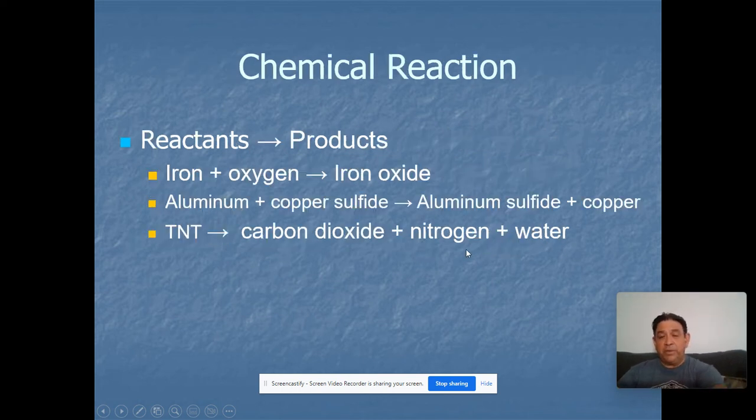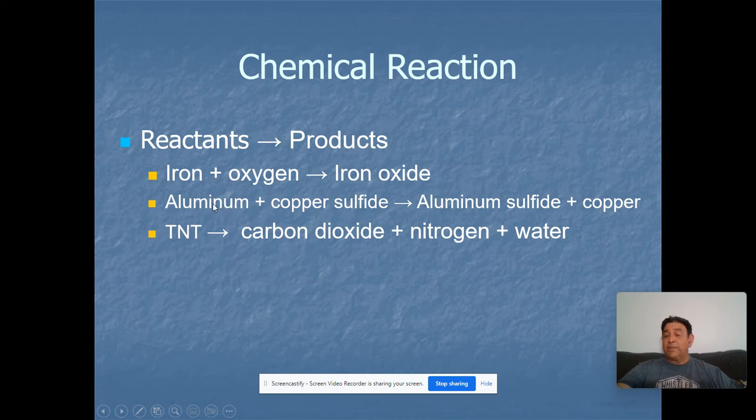So going back to the previous slide, we see that we have iron and oxygen. If I were to take the grams of iron and the grams of oxygen, add them together, they should equal the grams of the iron oxide because there's only one product. In the second reaction, I have aluminum and copper sulfide as my two reactants.